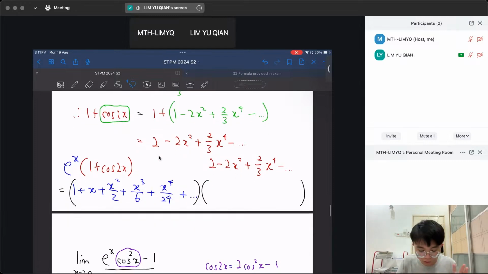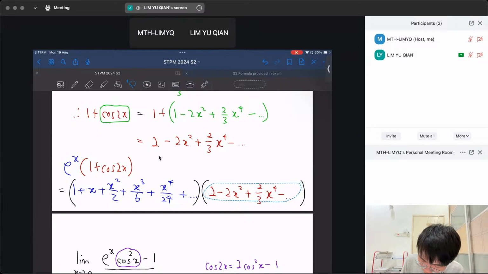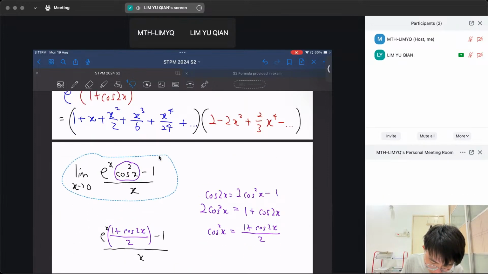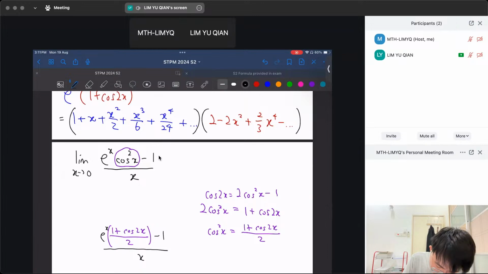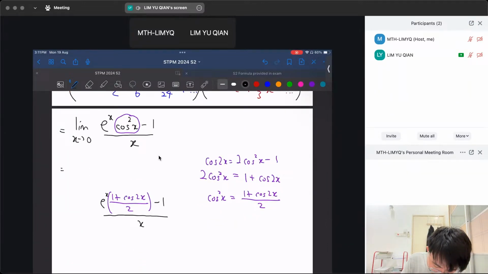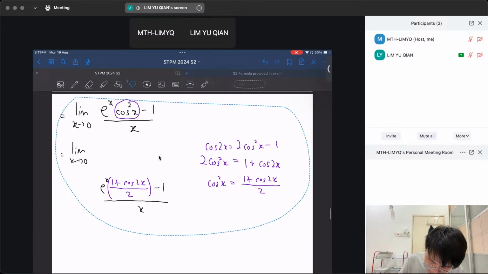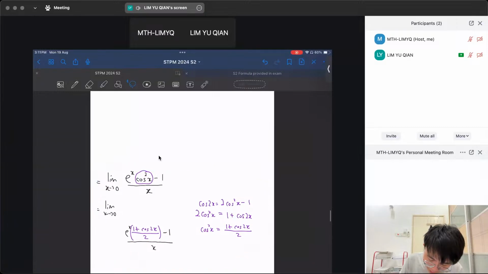Okay, like this, then limit equal to the limit. Sorry, I haven't finished yet. Okay, let's multiply them.